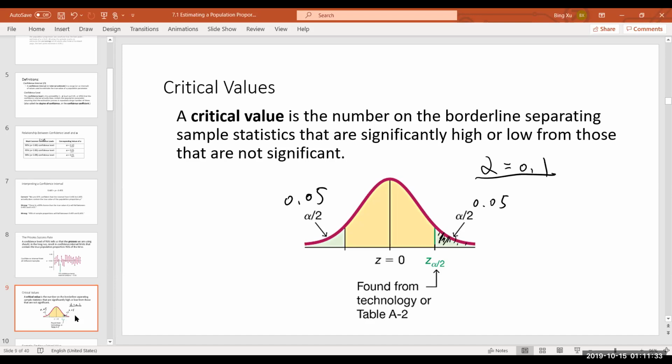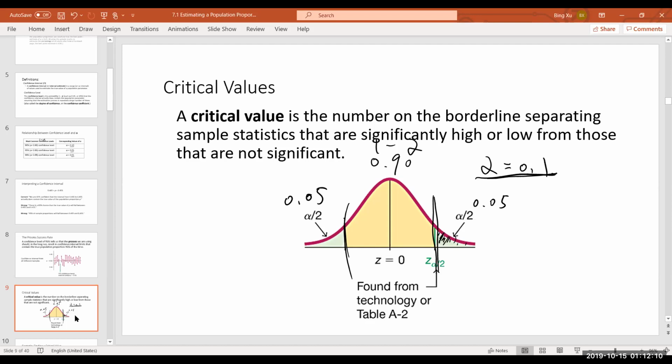I was trying to figure that out, but this makes it so much clearer. Thank you. And then, if your alpha is 0.1, then the middle part, this confidence interval, will cover 90% of the whole data, basically 0.9. So that's the confidence level, which is 1 minus alpha. How confident are you that your interval will include the actual population proportion?